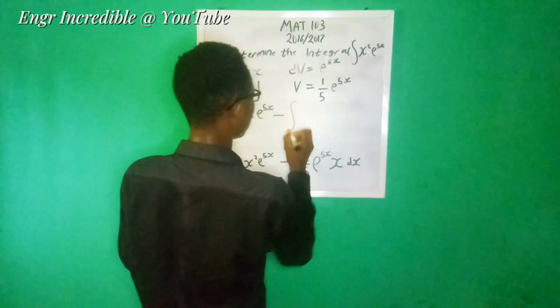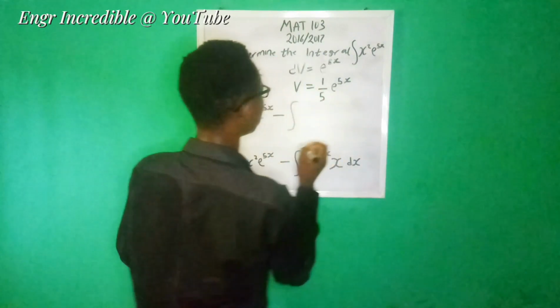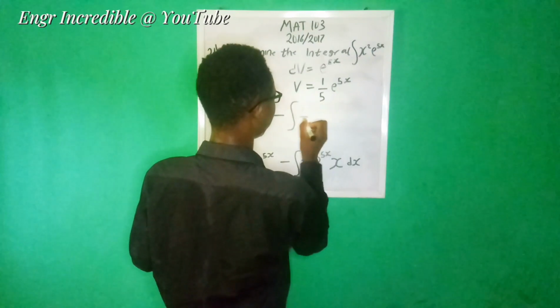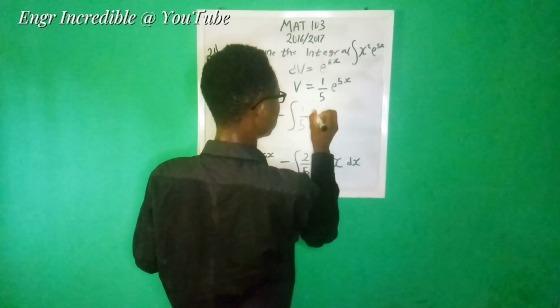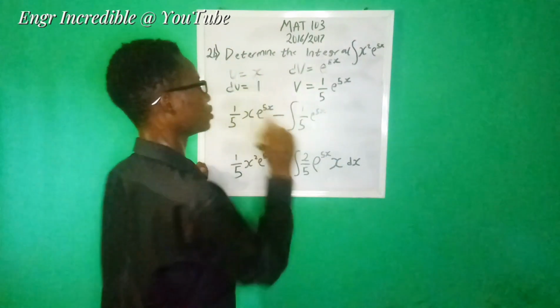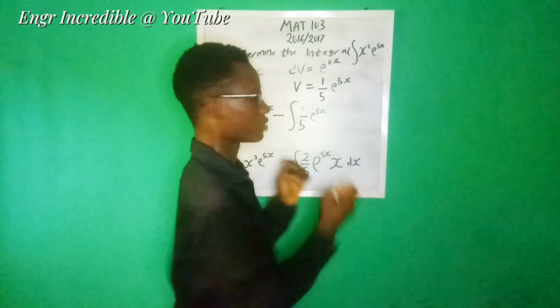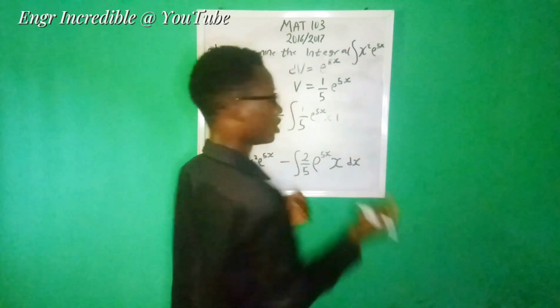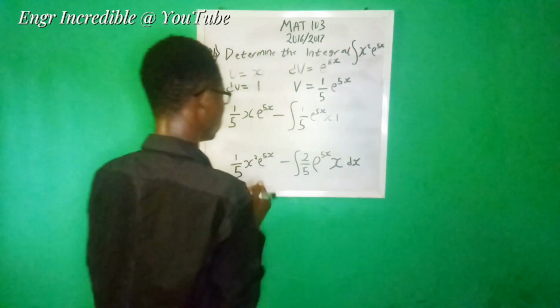That is the integral of our v, which is 1 over 5 times e raised to power 5x, and our du is 1. So that is everything multiplied by 1, which will be the same thing.